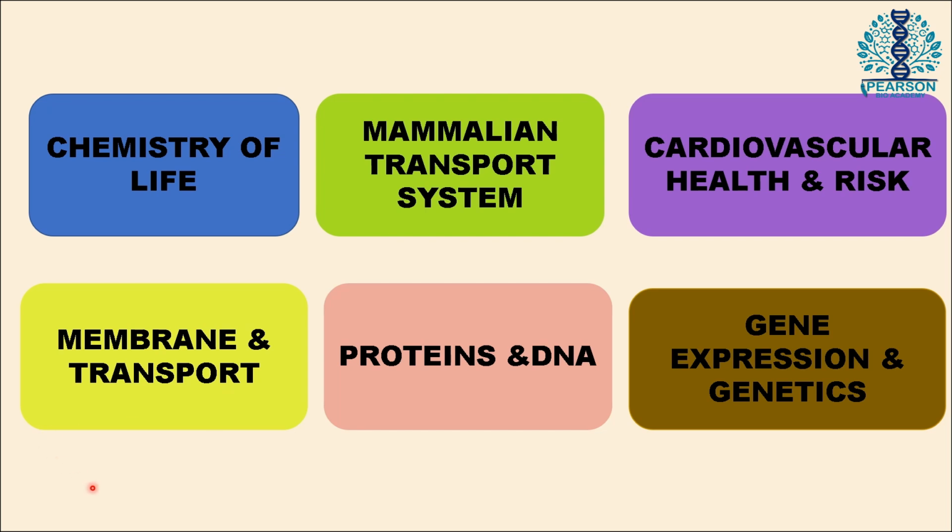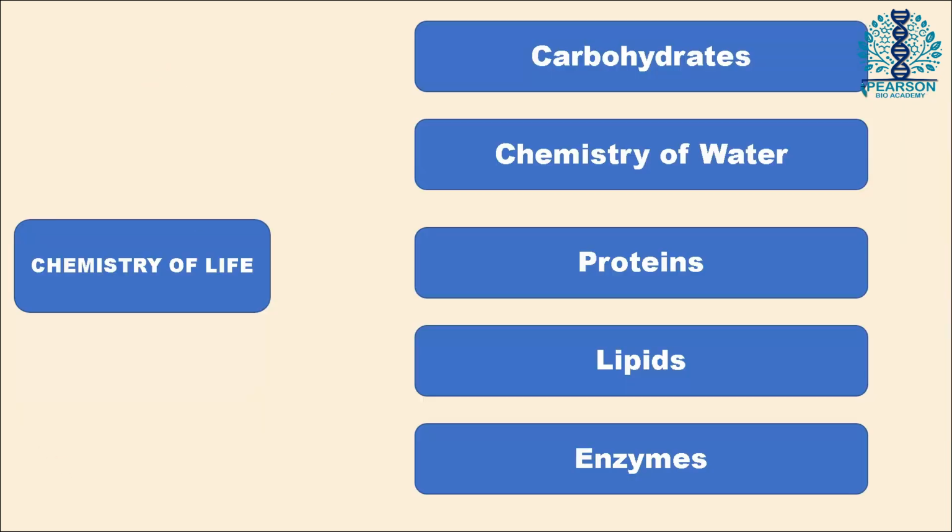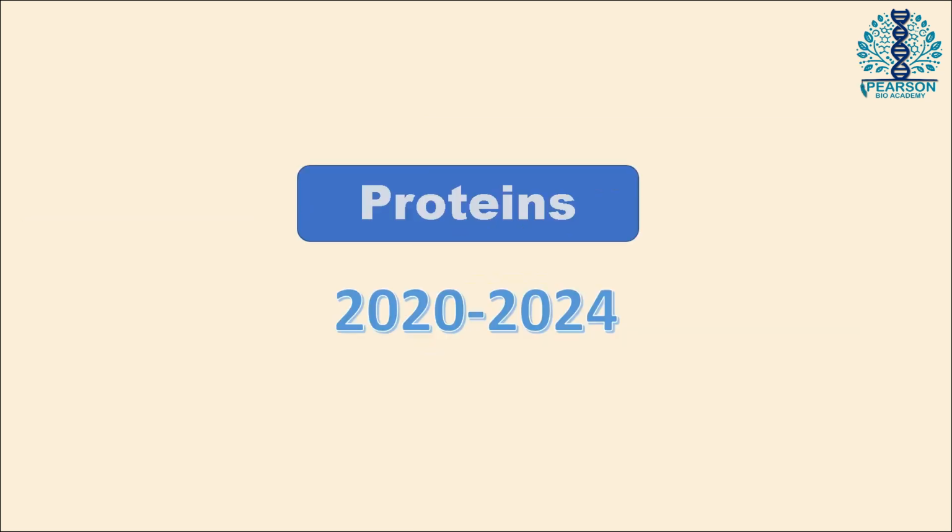This video is going to cover the chemistry of life. Under chemistry of life, we have carbohydrates, chemistry of water, proteins, lipids, and enzymes. Today we will be tackling questions on proteins, and we'll look at questions from 2020 to 2024.